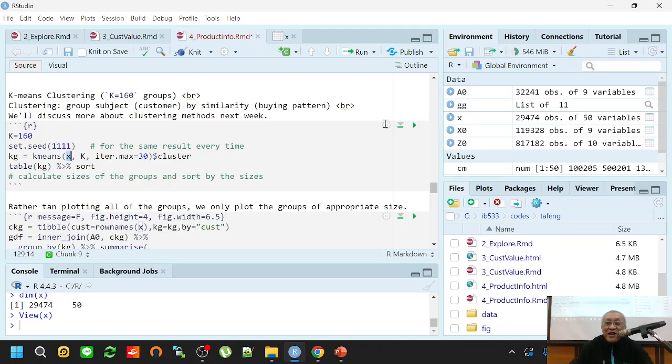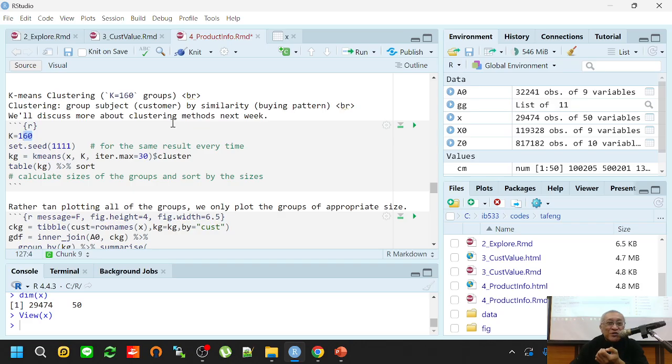Again, in X, I have this many customers, and now I want to group them into 160 groups by similar buying patterns, okay?